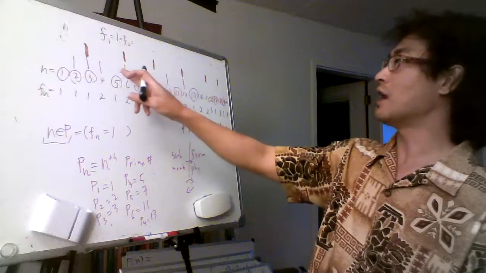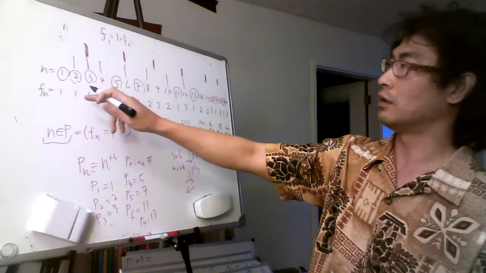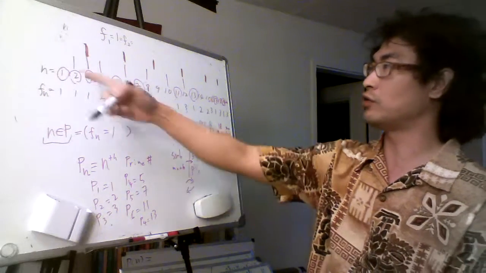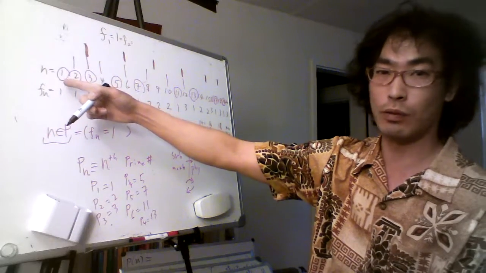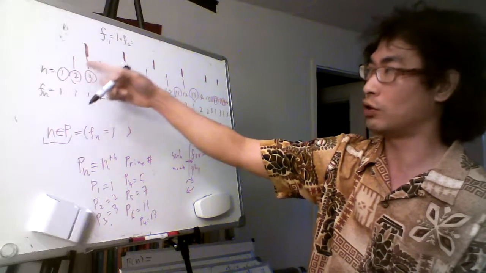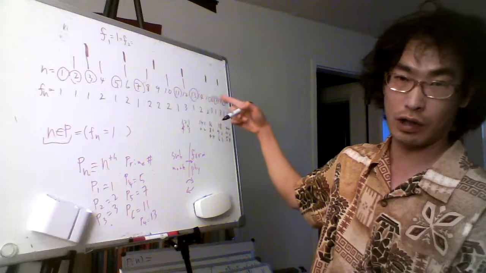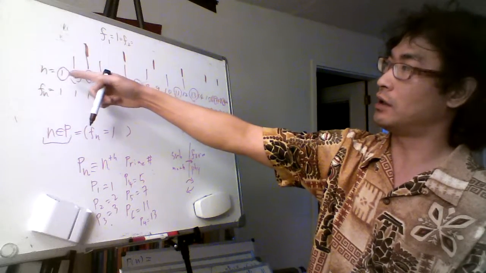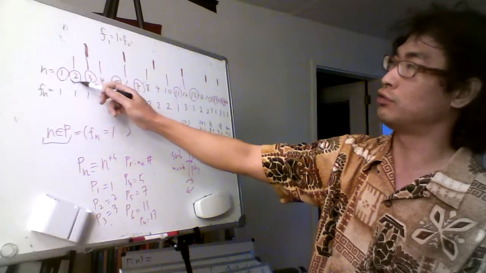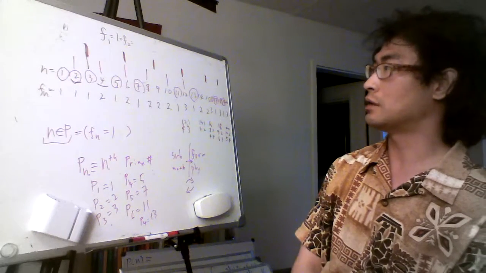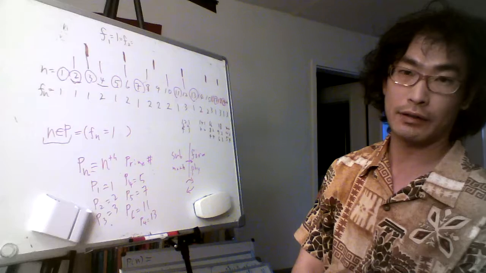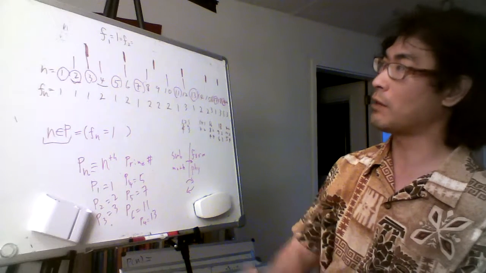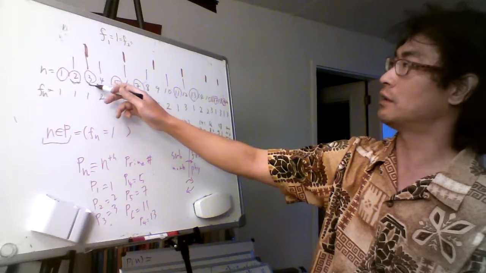So what's the number density here? If we just do multiples of 1, the density is 1, 1, 1, 1, 1. Density in terms of multiples of 2, that's 1/2, right? How about multiples of 3?